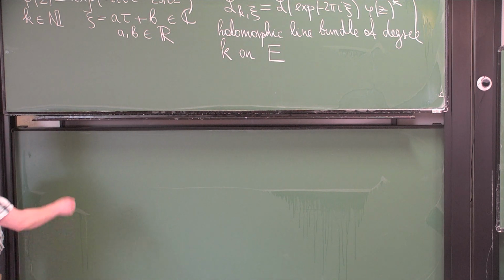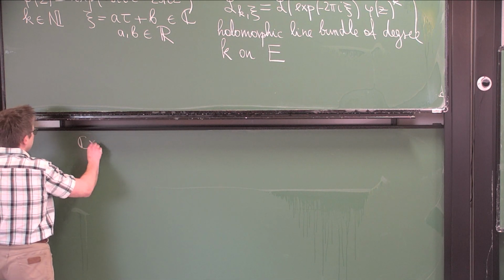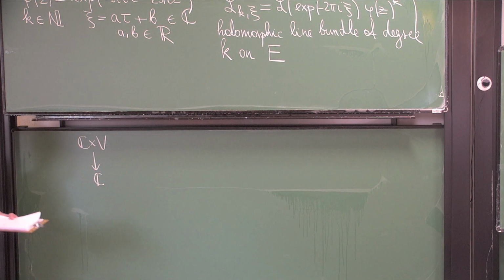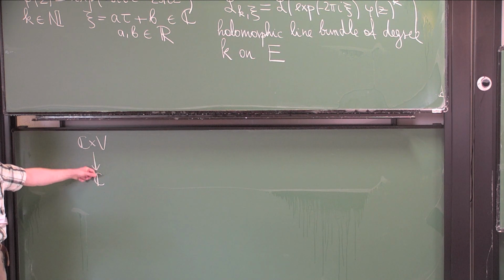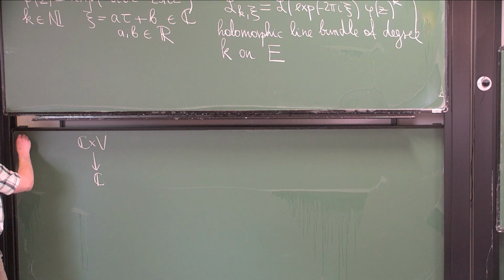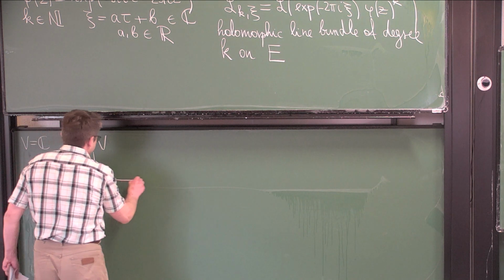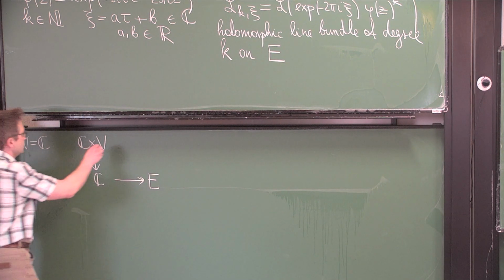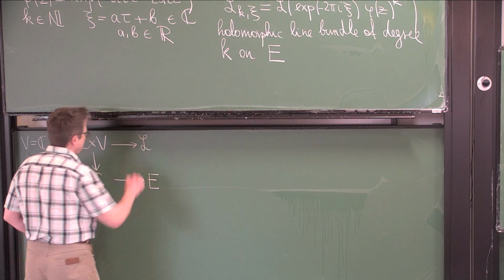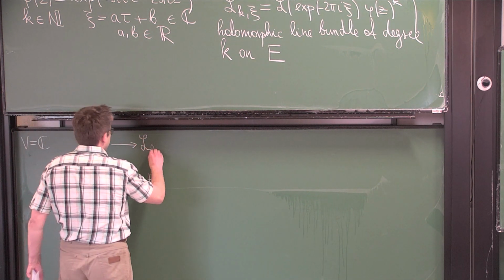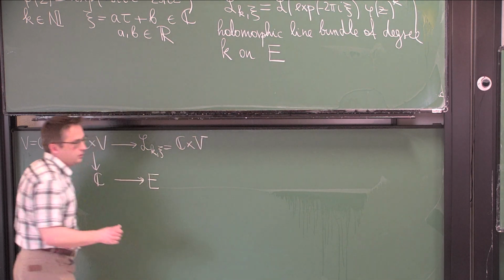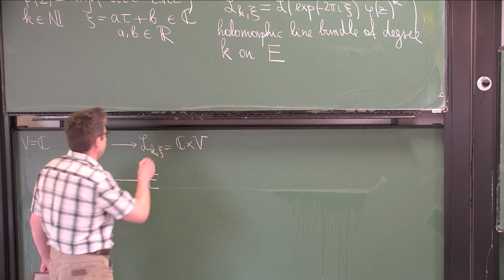description runs as follows. So I start with a trivial line bundle on a plane. So C has two roles here, the base and the fiber, and that's why I separate my notation. Now I describe my torus as a quotient of the plane, and my line bundle is obtained from C times V, imposing the following equivalence relation.